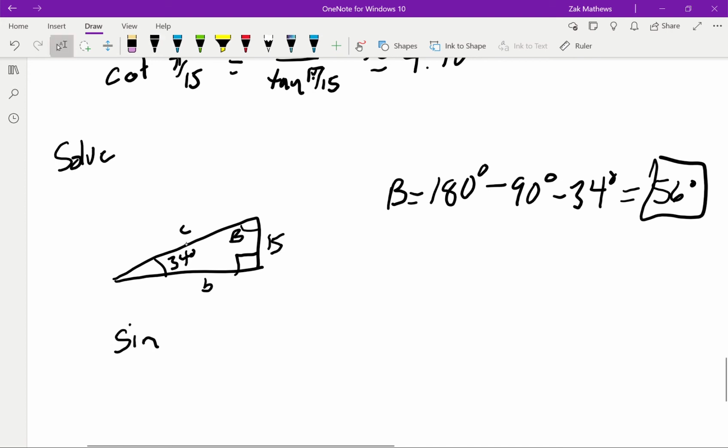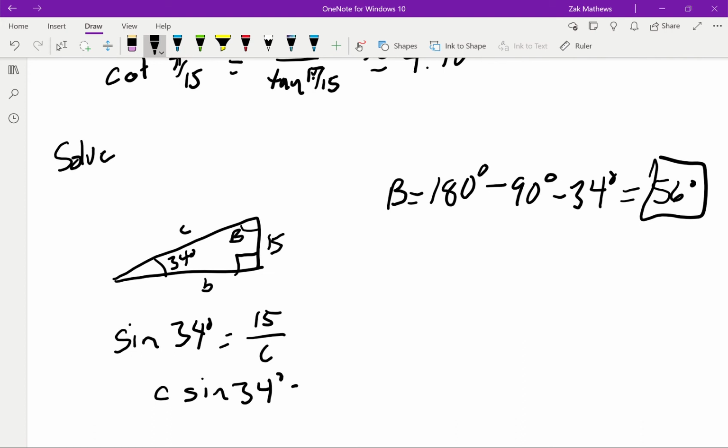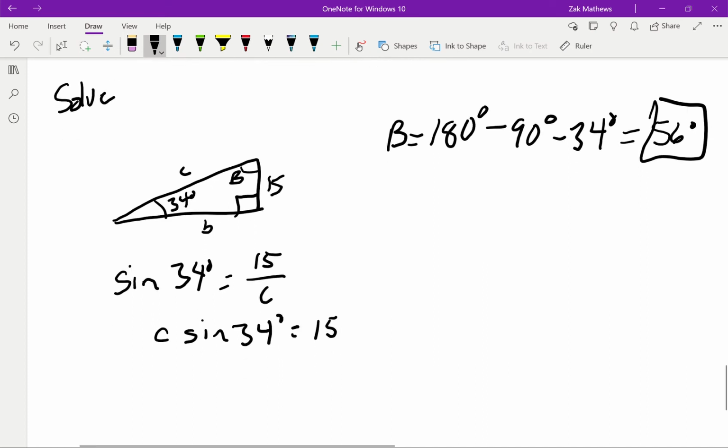So I could set this up as sine 34 is equal to 15 over C. And notice I would have to multiply the C out of the denominator, and then divide by the sine 34. So we've kind of added an extra step in that I had to get the variable of interest out of the denominator first, and then that meant taking the sine and dividing it back across.